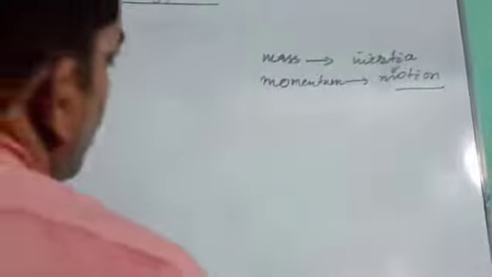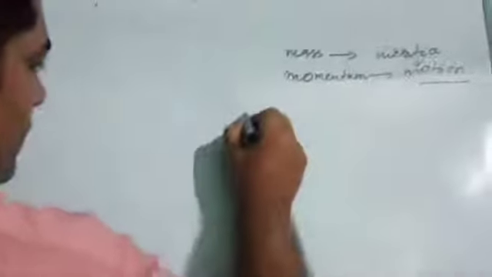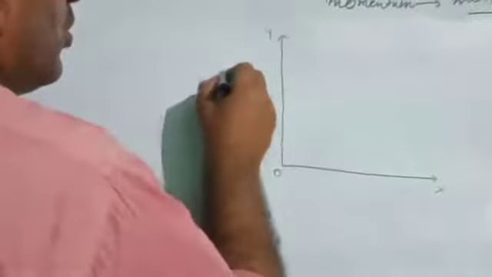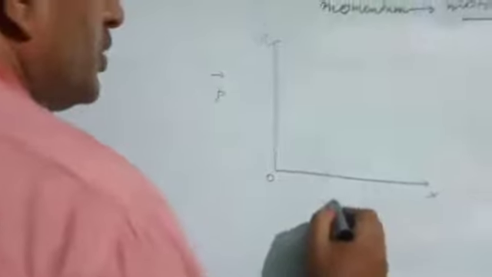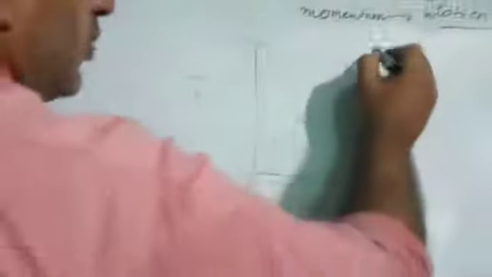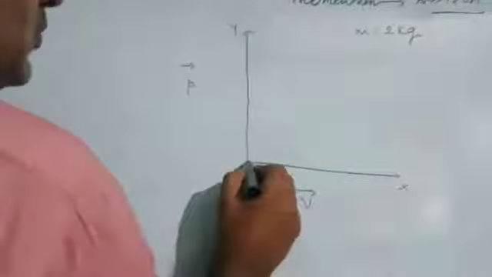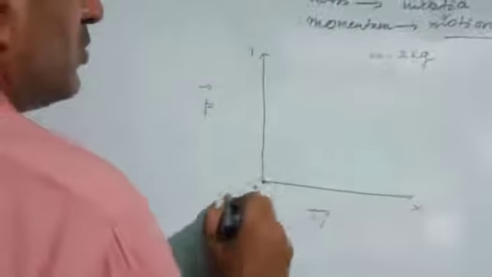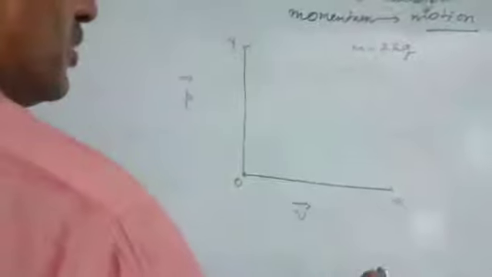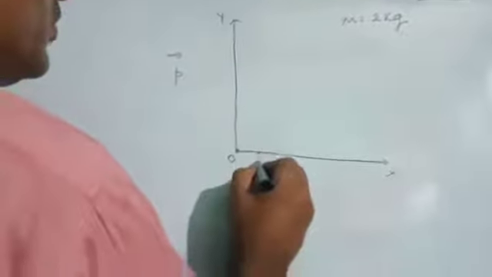If you draw a graph between momentum and velocity of a body, you will get a straight line. Take momentum along the y-axis, velocity along the x-axis. Suppose the mass of the body is 2 kg. At time 0, the velocity is 2 meter per second.